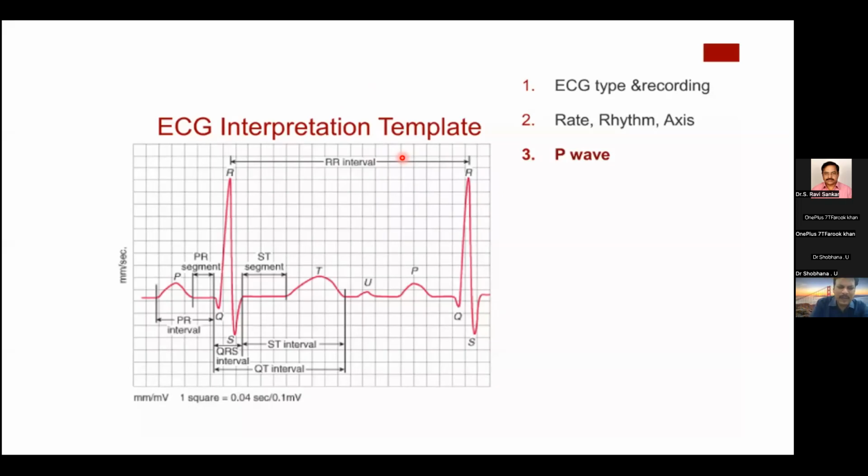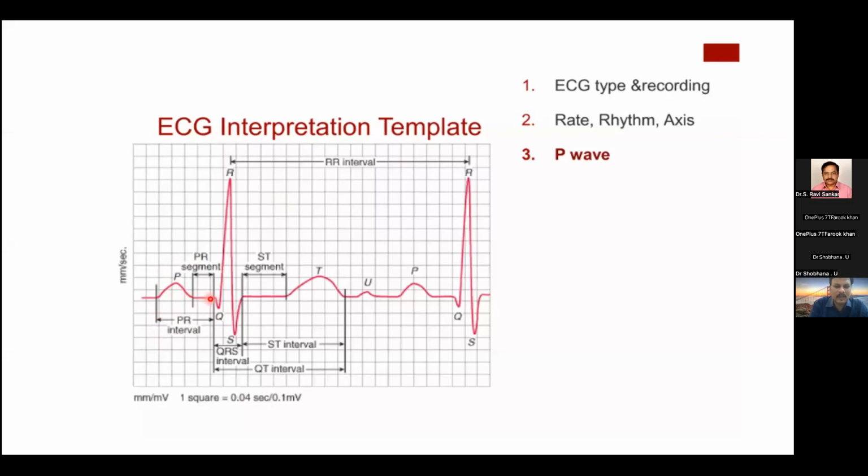For the P wave, you can see here, I am using the laser pointer and showing. The P wave is from the beginning to the end of the upright wave. The PR interval is from the beginning of the P wave to the beginning of the QRS complex.